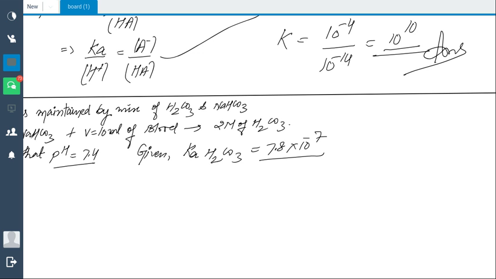Shall I solve this problem? No, it is not 16. It is.